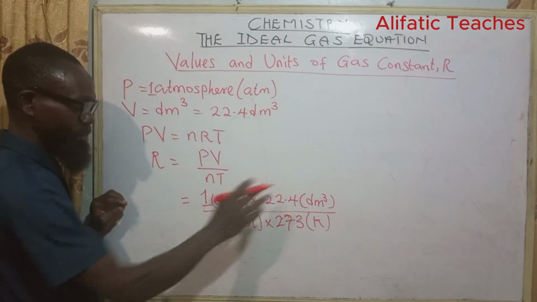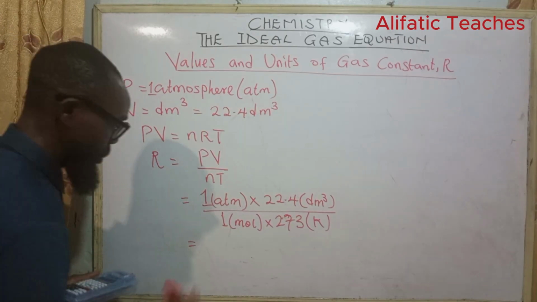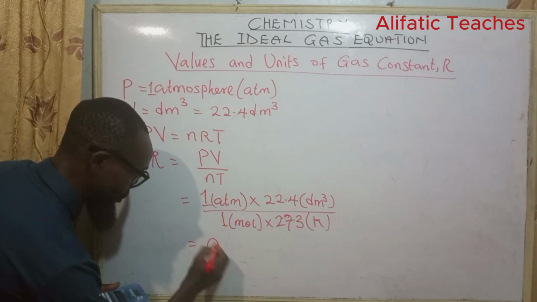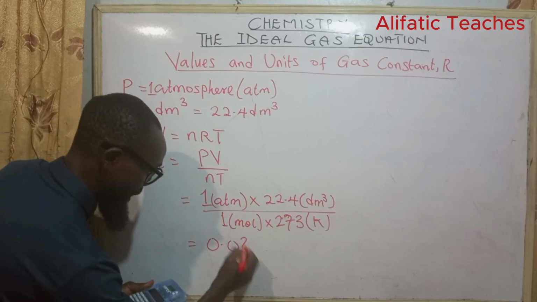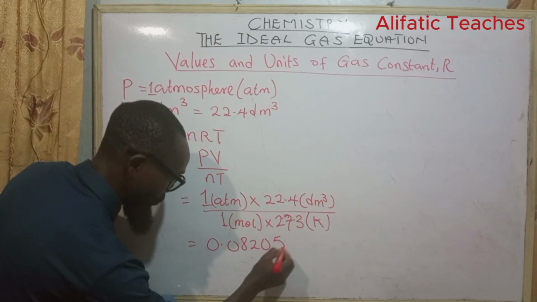Let us take our calculator to multiply and divide. In this case, we have 0.08205.